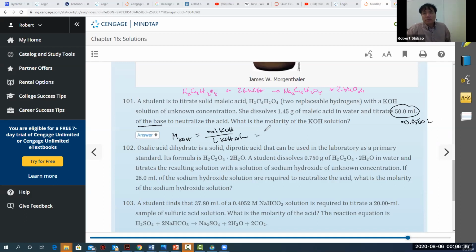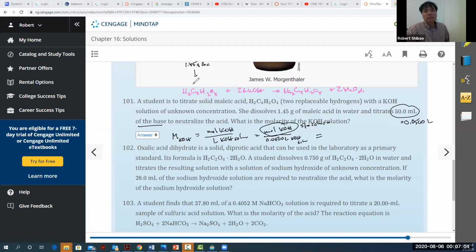The liters of KOH solution is given, 50 milliliters of base. Base is KOH. And so let's convert that to liters, moving the decimal 3 over. So this would be 0.0500 liters of KOH solution. And that's given. But the moles of KOH, we have to use stoichiometry to get that. So we're going to start off with 1.45 grams of maleic acid. This is a solid acid, pure acid.